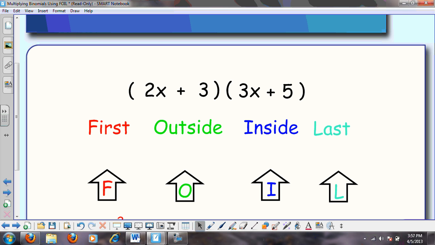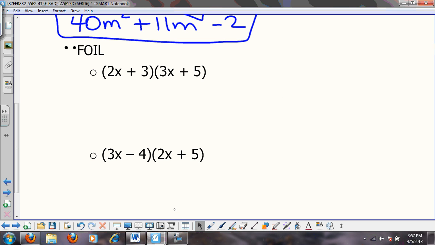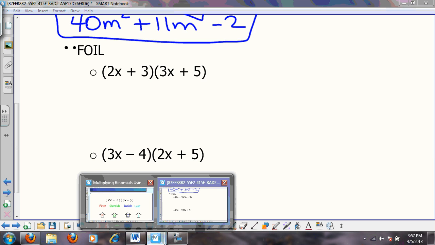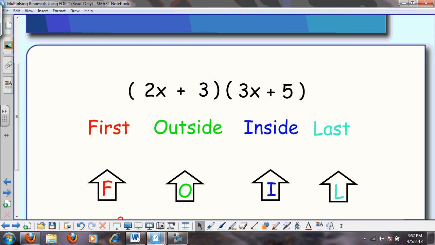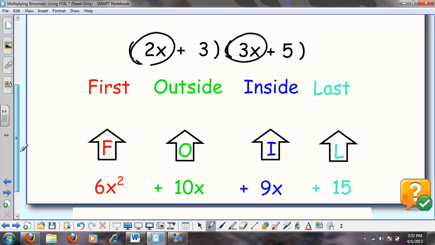So if we look at 2x plus 3 and 3x plus 5. Look at your first terms. 2x times 3x is 6x squared.